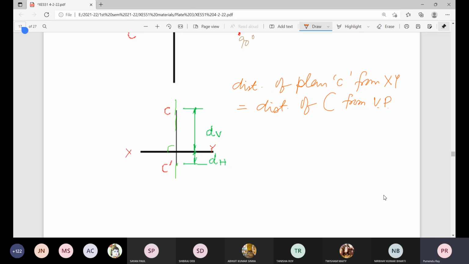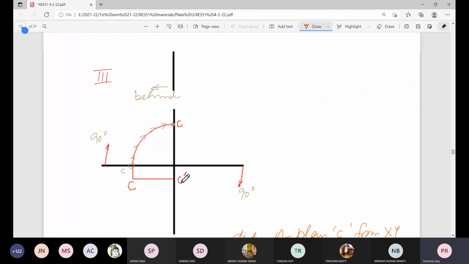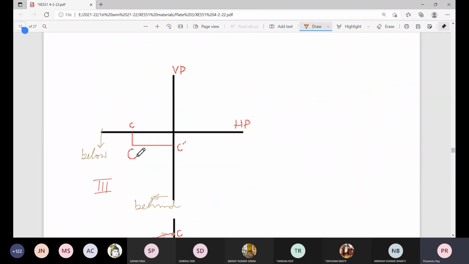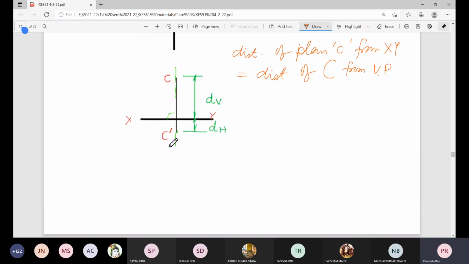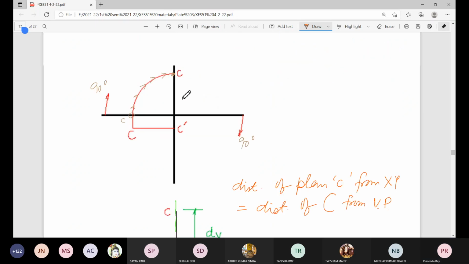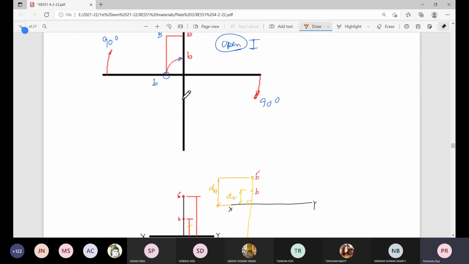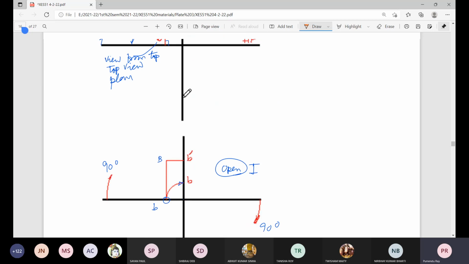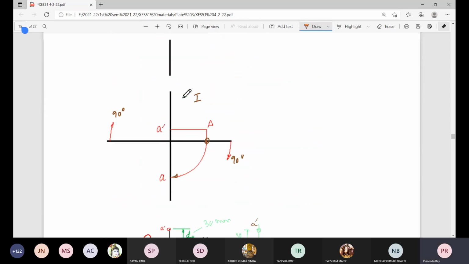So these things are very simple, but you must understand what are the formalities: first quadrant, second quadrant, third quadrant, and fourth quadrant. Now here in this third quadrant position of this point C, it gives us elevation below GL and plane above GL. But in first angle projection, this is second quadrant, this is first angle, so elevation is above GL and plane is below GL.